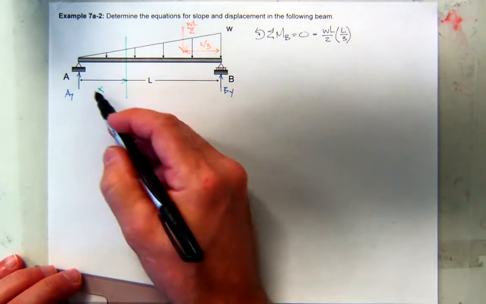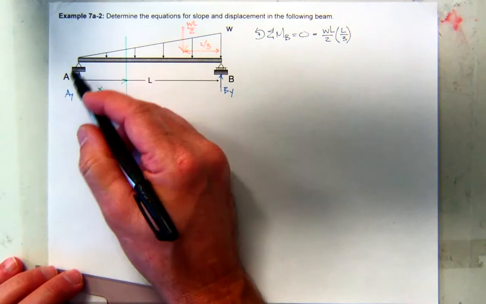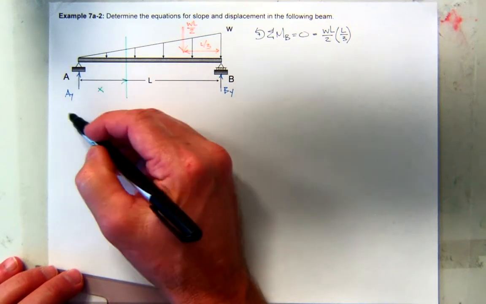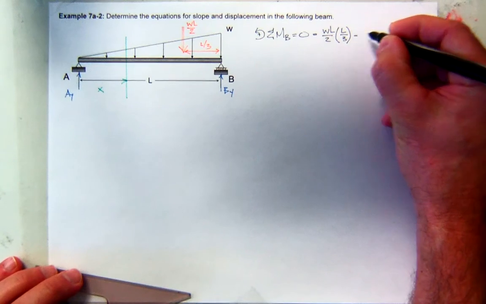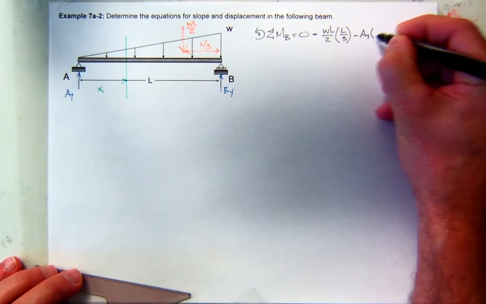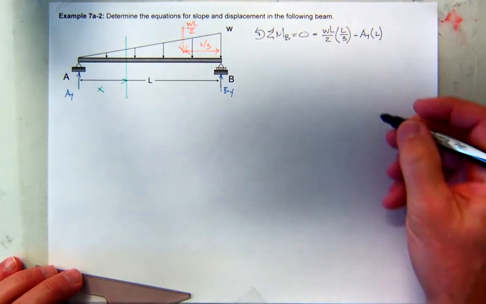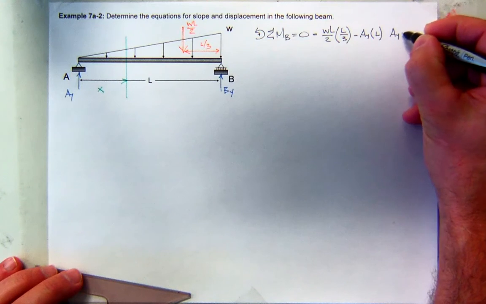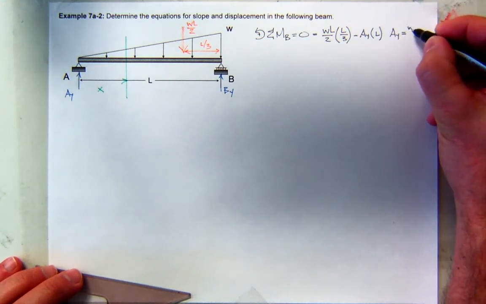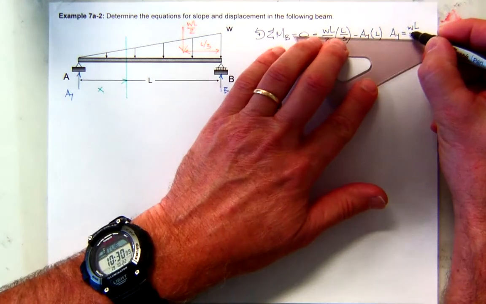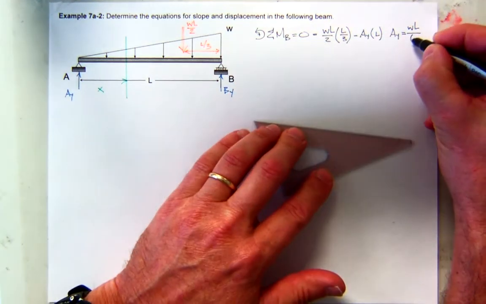And then the other component in the system is this AY reaction. And about B, it's going to create what? Negative moment. So it'll be the force AY times the distance L. So it looks like AY is going to be equal to WL over 6.